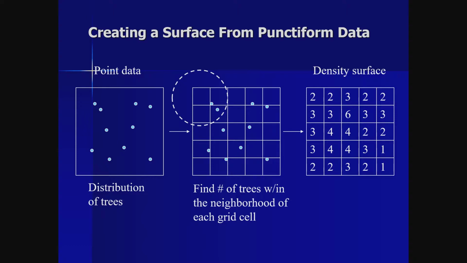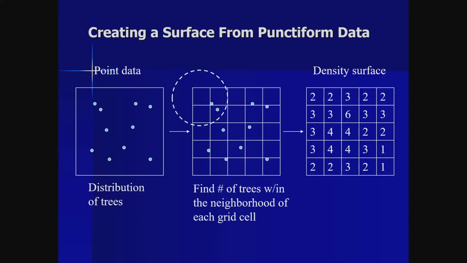Right? So this is the basic process of creating a surface from punctiform data, where we have our point data, and we then pass a moving window. This moving window is very similar to the moving windows we've talked about before, only it doesn't operate on a raster data set. It looks for observations within a certain range of the center of every cell.